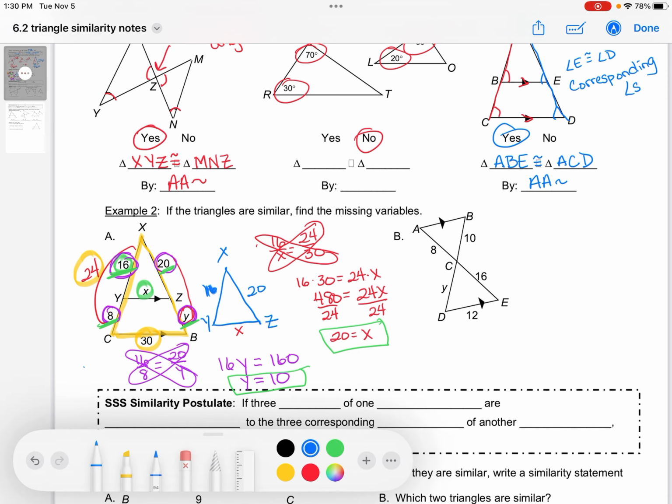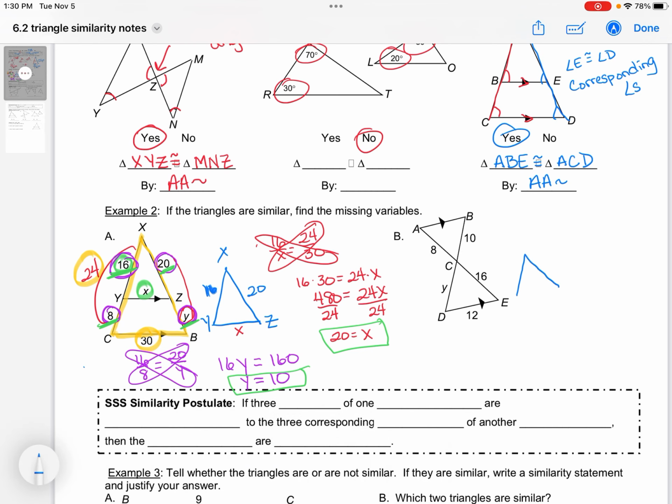Okay, so our next one, again, I'm going to turn triangle ABC over because I want to find the corresponding part. Remember we talked about corresponding parts? So that's my vertical angle.